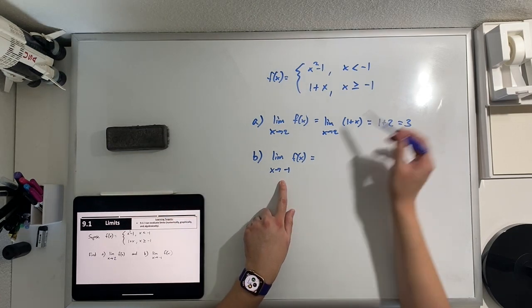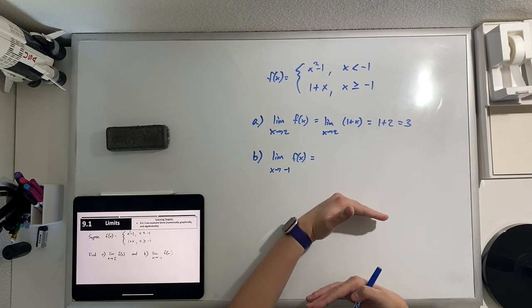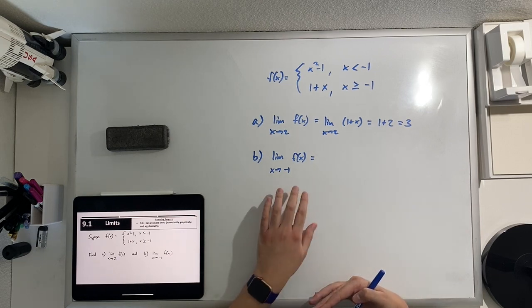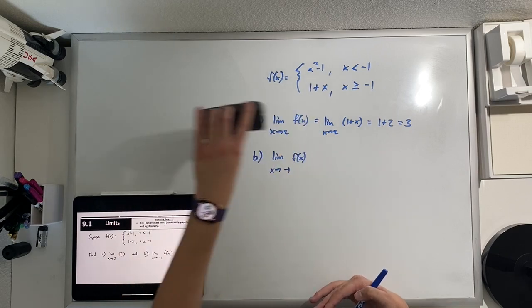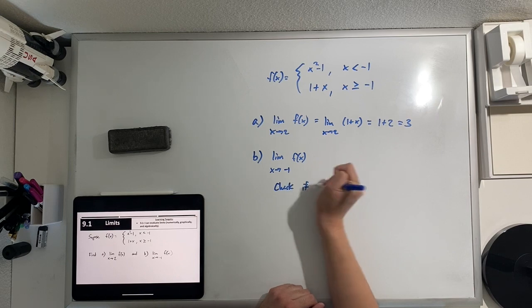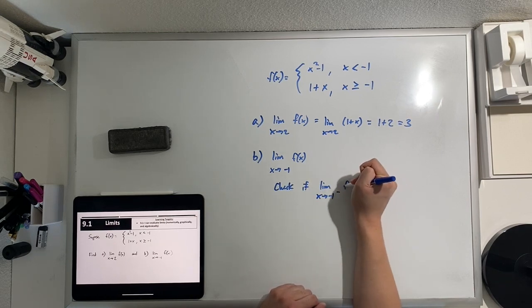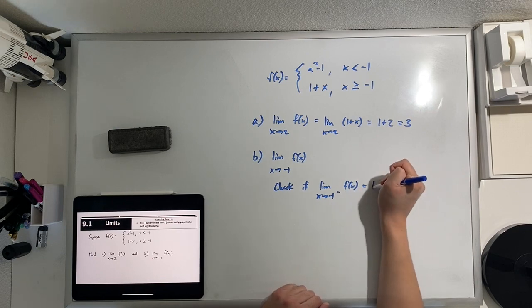So here at negative 1, that's where this piecewise function is split into more than one piece. So in order for this limit to exist, okay, we need to make sure that the limit as x approaches negative 1 from the left equals the limit as x approaches negative 1 from the right.